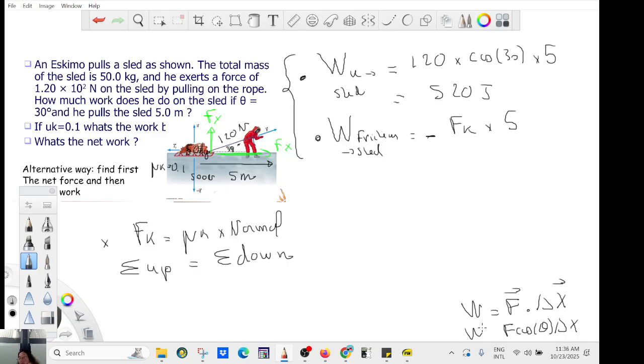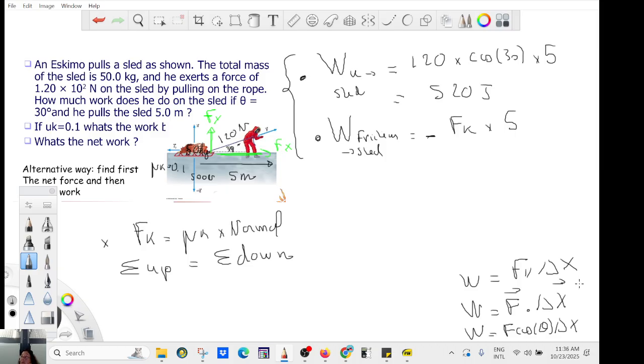So either you take the mathematical definition of the dot product, or you say, I need to find the component parallel to the displacement, because only this component will make it go faster or slower. That's the definition of work. Parallel to what?